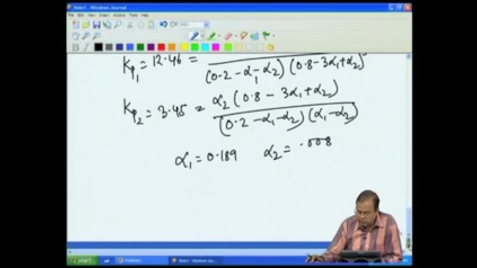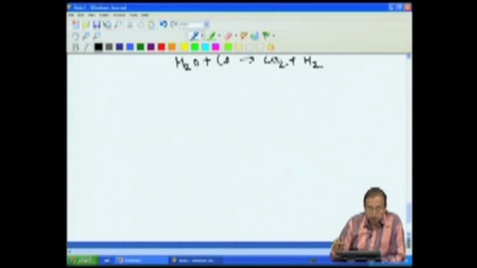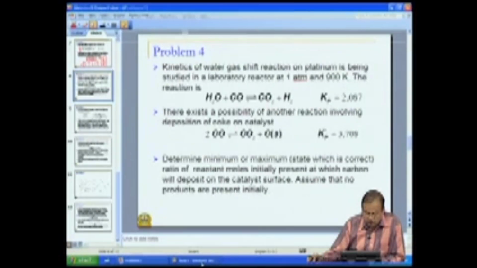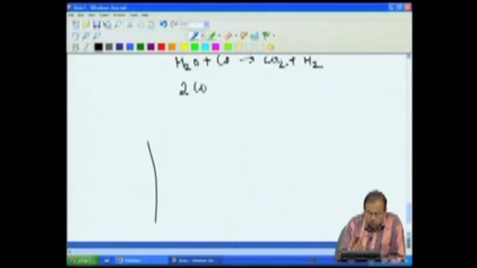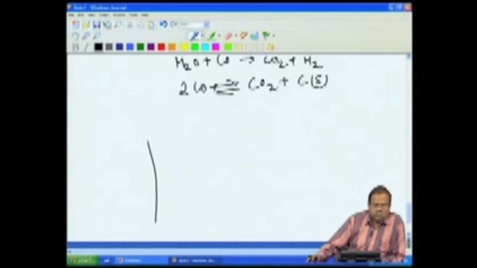Our reaction is H2O plus CO giving CO2 plus H2, and what is the second reaction which we do not want? Twice CO can give rise to CO2 plus carbon in the solid form. Now, we want to avoid this second reaction. So, let us focus on the second reaction.